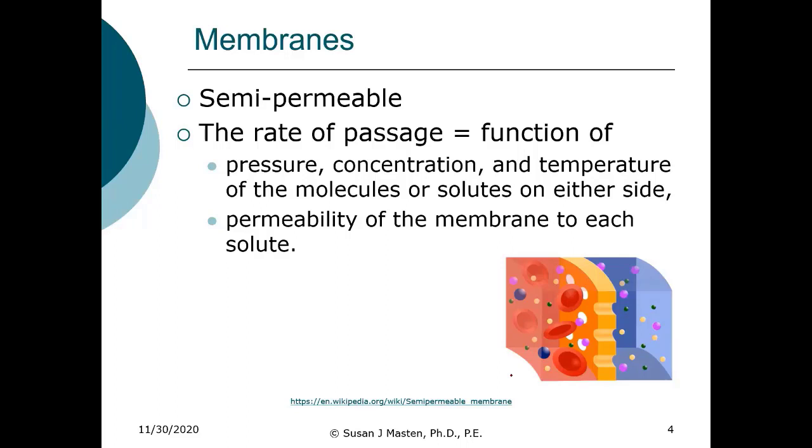The rate of passage of water and also solvents depends on pressure, the concentration of the solutes in the solution, and temperature. So pressure, concentration, and temperature are the major controlling factors, along with the properties of the membrane itself.